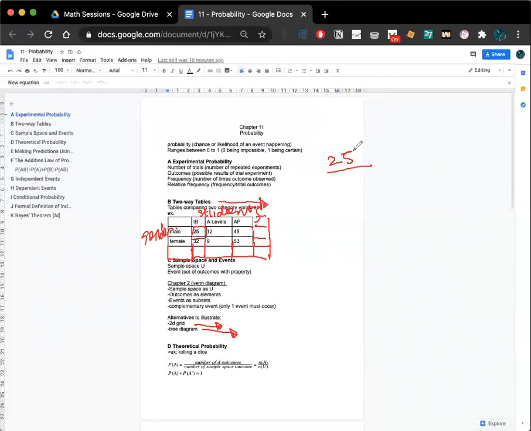So that would be 25 over all the total outcomes, which would be 25 plus 12 plus 45 plus 39 plus 9 plus 53.